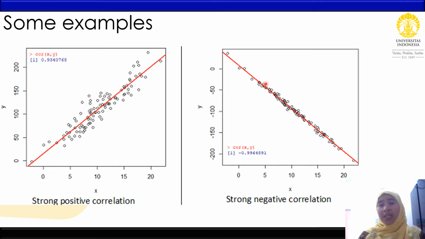And on the right is even stronger, and we can see that the correlation is minus 0.9964891, and is negative, showing that increased x is associated with a decrease in y values.